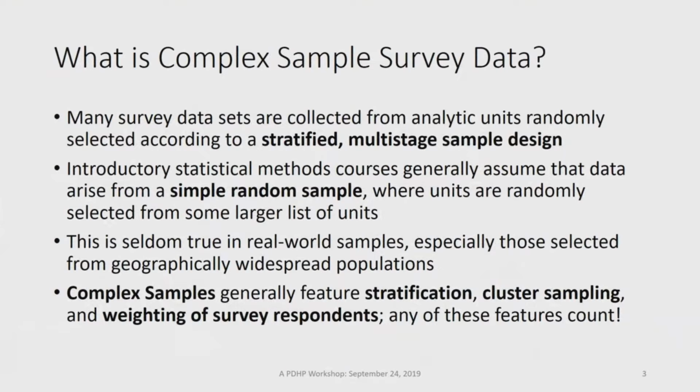And generally, the three key design features that lead to this definition of calling something a complex sample include stratification, and we'll talk about what that means, cluster sampling, so this is part of the multi-stage definition of these kinds of samples, and then weighting of survey respondents. So Paul talked about how we're going to have this upcoming workshop that focuses specifically on survey weights. Today, we're going to talk about what to do with survey weights when it comes to analysis.